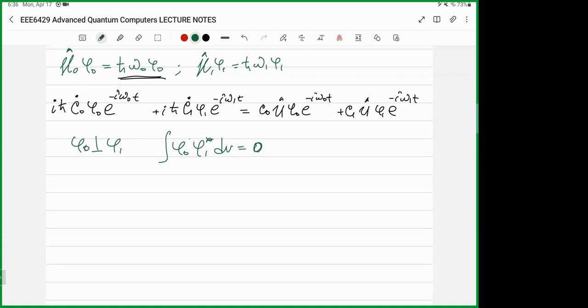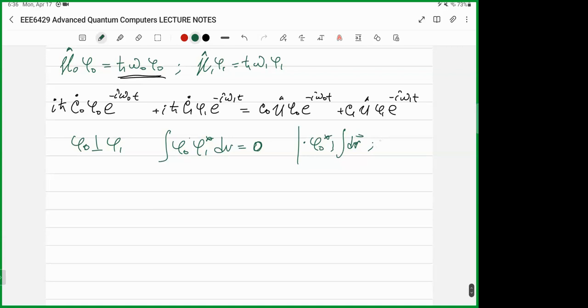So I can multiply my equation by phi sub 0 complex conjugated and integrate over the entire space, and then multiply the same equation by phi sub 1 complex conjugated and again integrate over all the space.